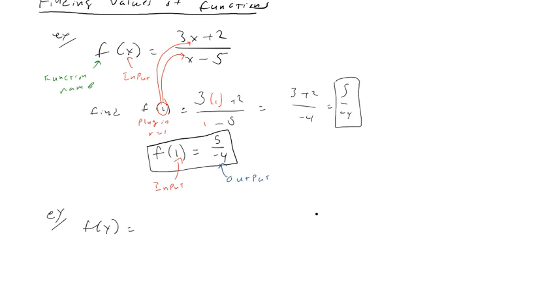Instead of finding what happens if I plug in a 1, we're going to plug in an equation. I want us to find what is f of x squared minus 2.